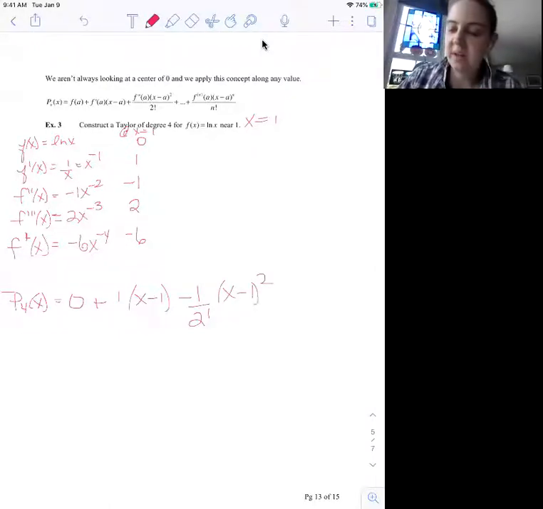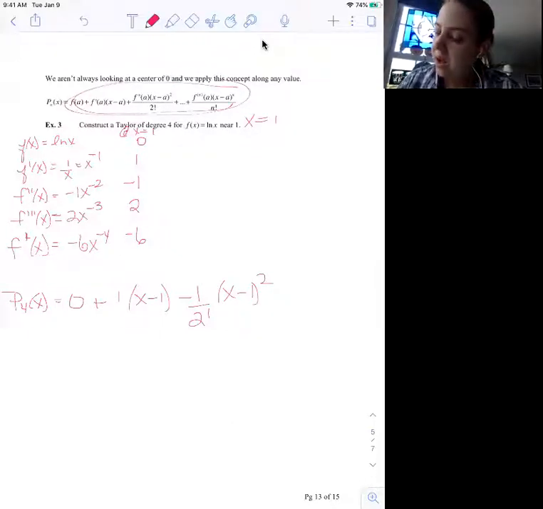All I'm doing is following the formula up here. It looks a little bit crazy, just one step at a time. Plus 2, this is the 3rd degree one, over 3 factorial, x minus 1 cubed.